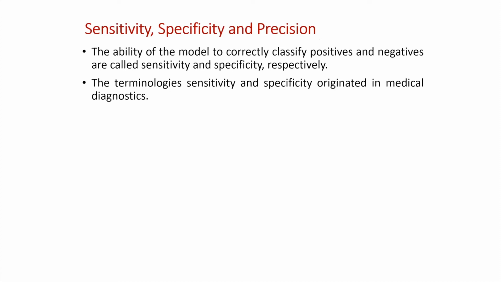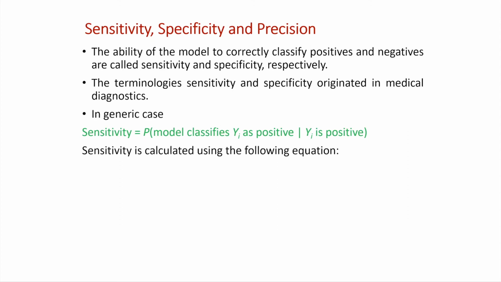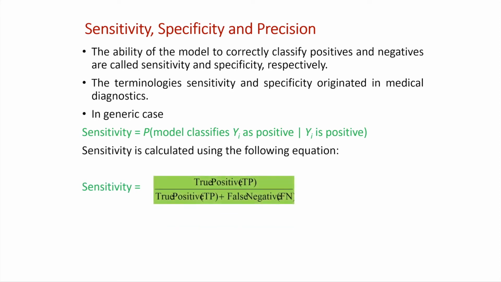What basically does sensitivity mean? Sensitivity is how you classify the model as positive when it is actually positive. The formula for that is sensitivity equals true positive divided by true positive plus false negative.